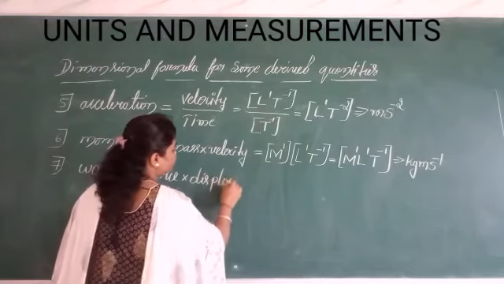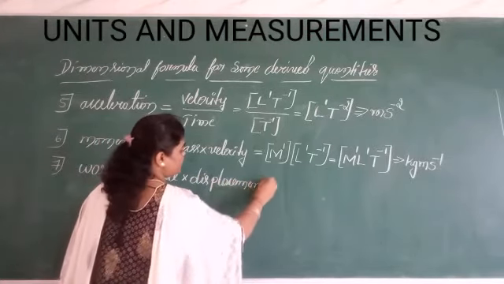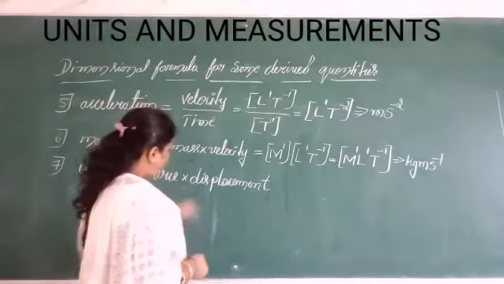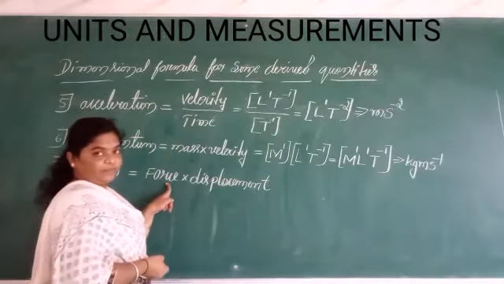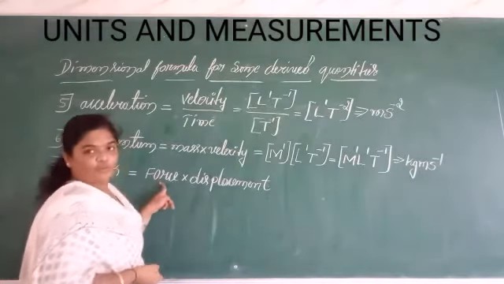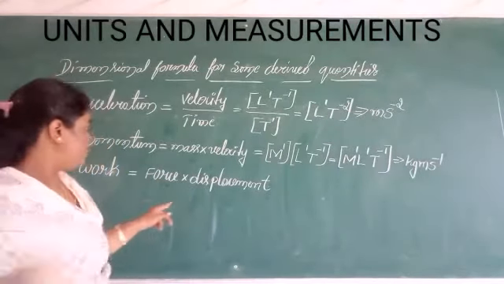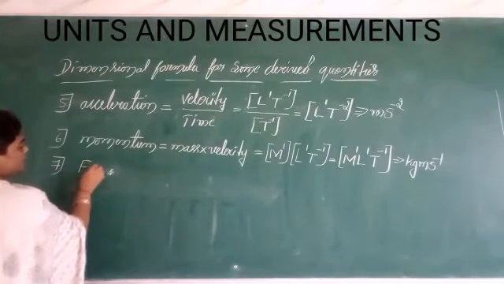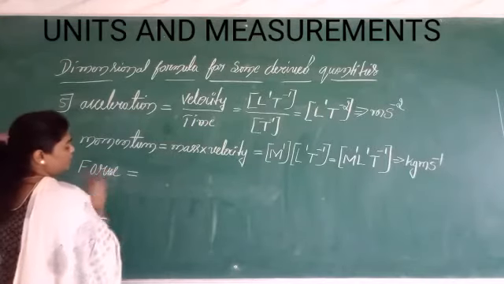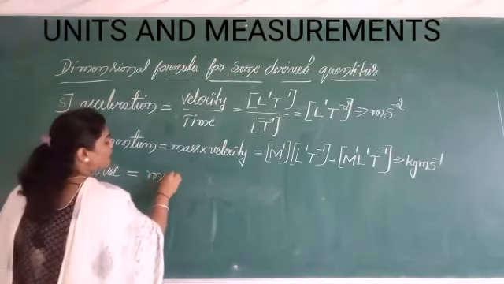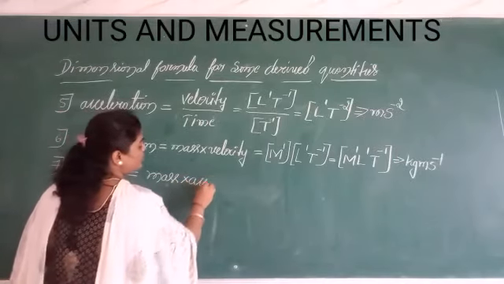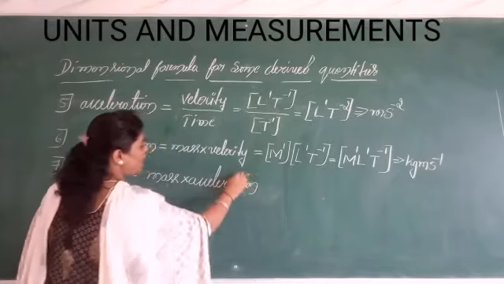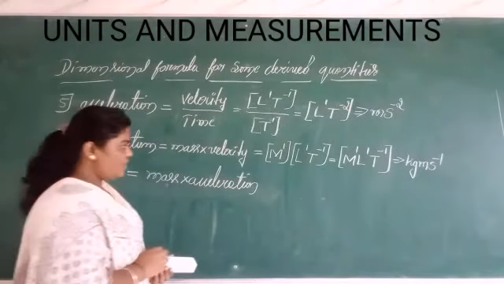We have not found the dimensional formula for force yet, so first let us find it. Force means mass into acceleration. F is equal to ma. Force is mass into acceleration.